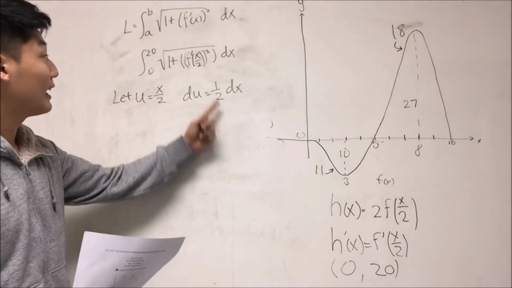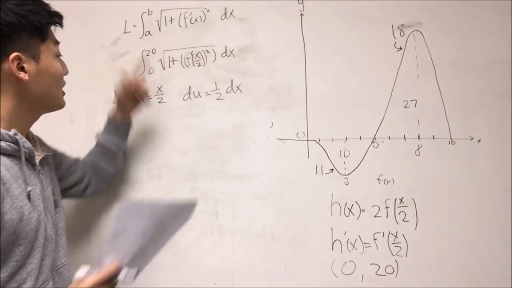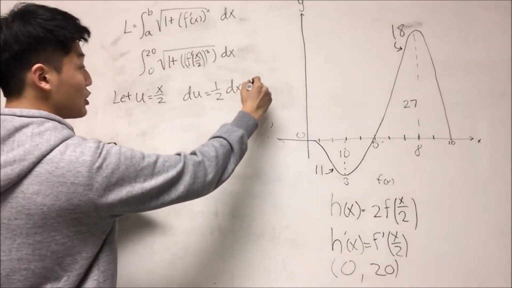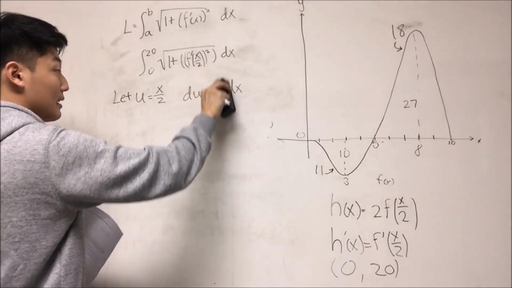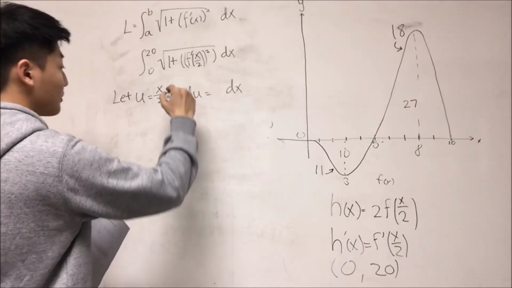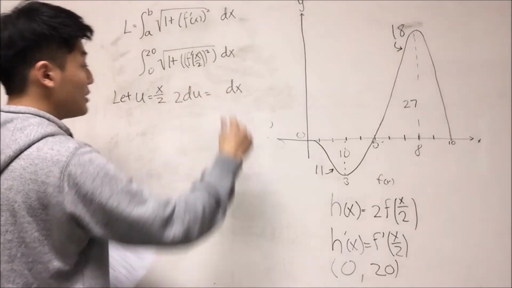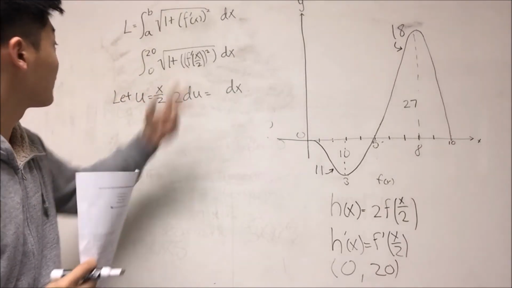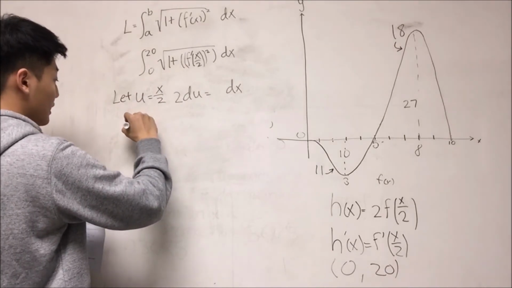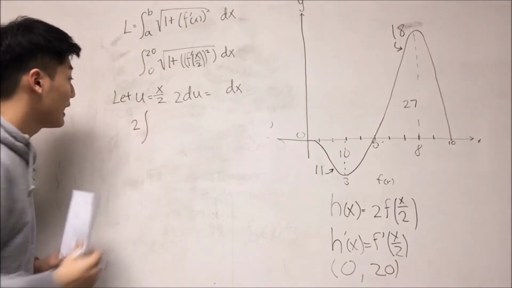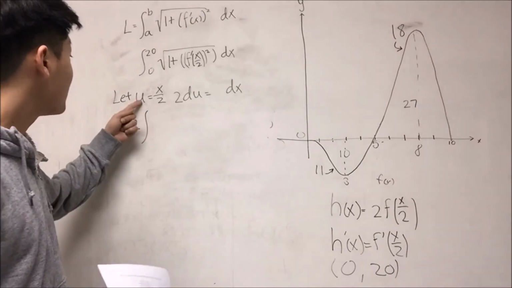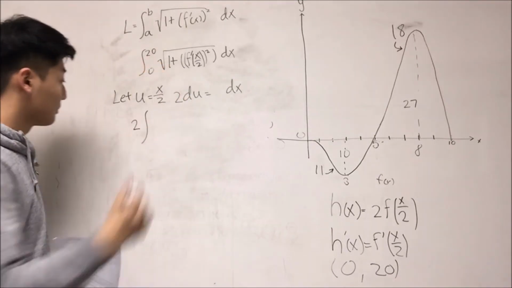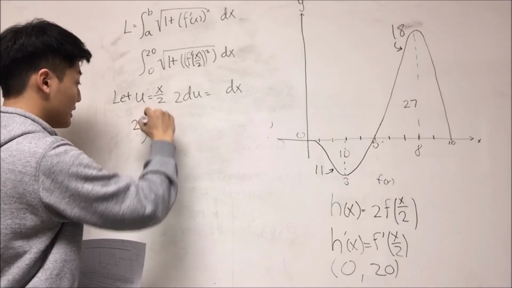And because we cannot find 1/2 in this function, let's take this out too, by multiplying 2 on both sides, it will become 2 du equals dx. Now, let's substitute this u sub into this function, which will become 2 times the integral, and because u is equal to x over 2, we have to divide the limits by 2 because the intervals are changing.